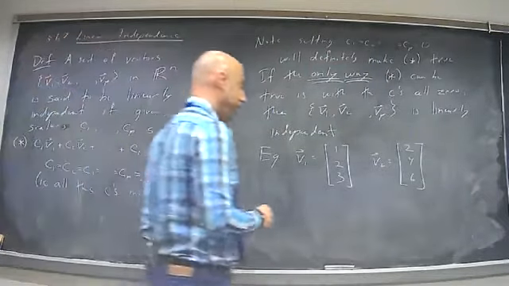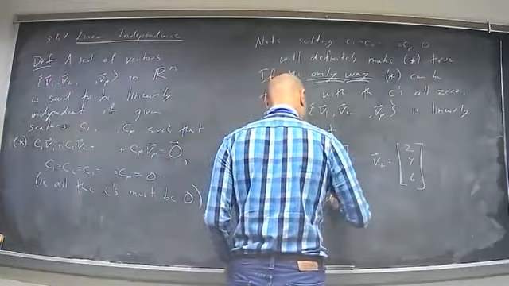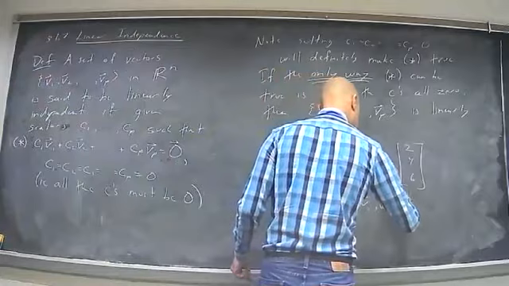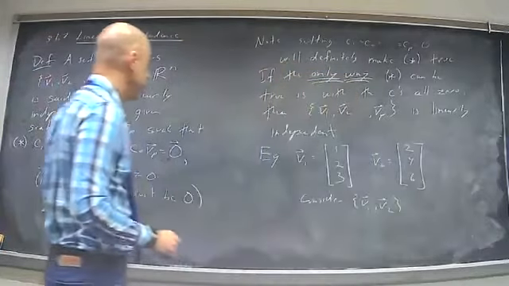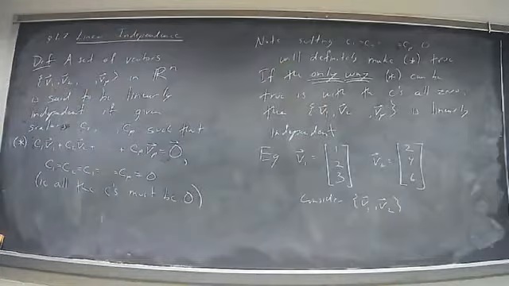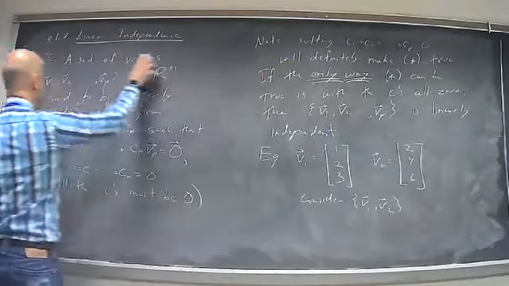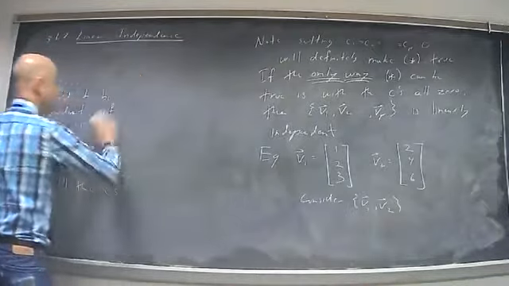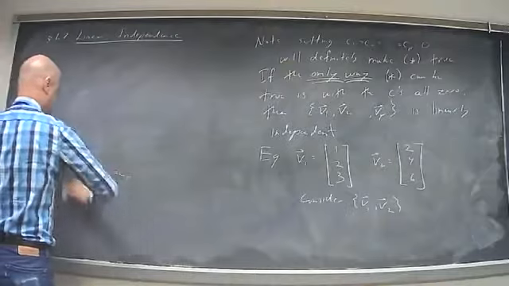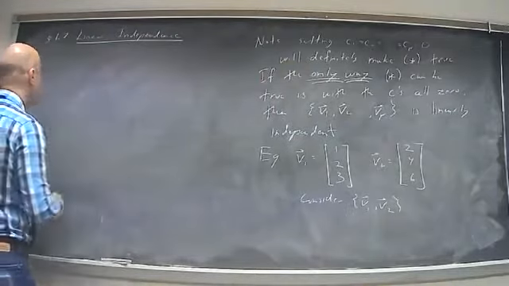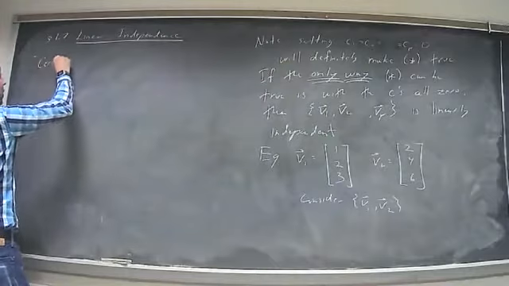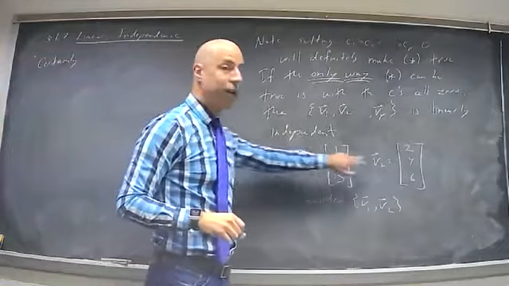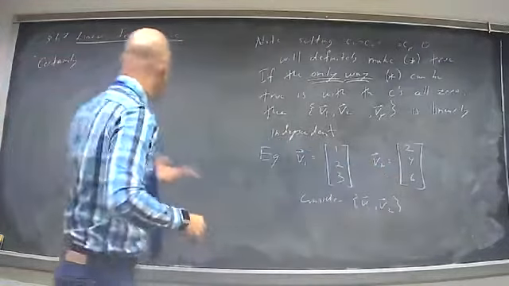And we'll just consider the set of these two vectors. Certainly, if I put a constant of 0 in front of v1 and a constant of 0 in front of v2, I get the 0 vector.